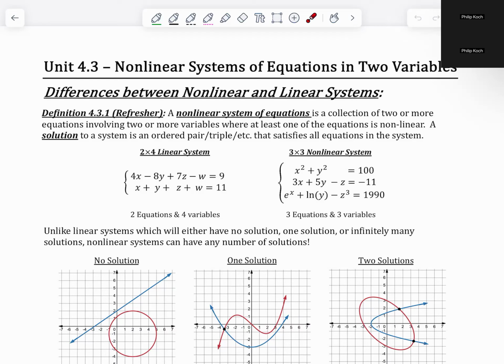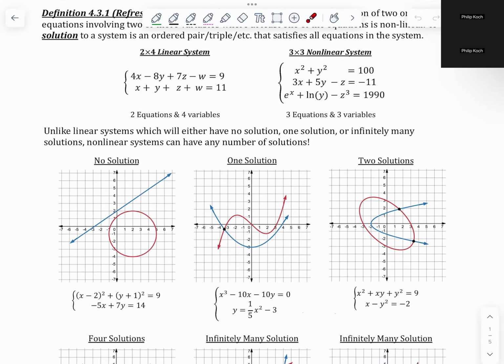Linear systems are very, very nice. It's why we have an entire course dedicated to linear algebra, because they either have one solution, no solution, or infinitely many. The reverse of that is not true with nonlinear. With nonlinear, you can have no solution, like this circle that does not intersect this line.